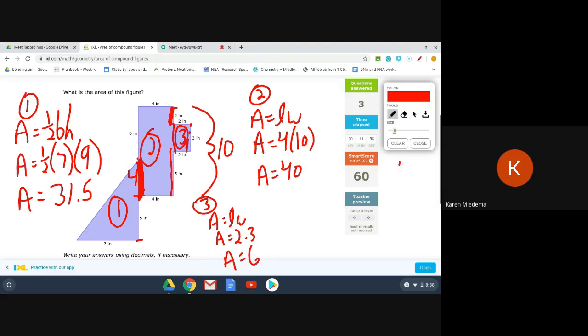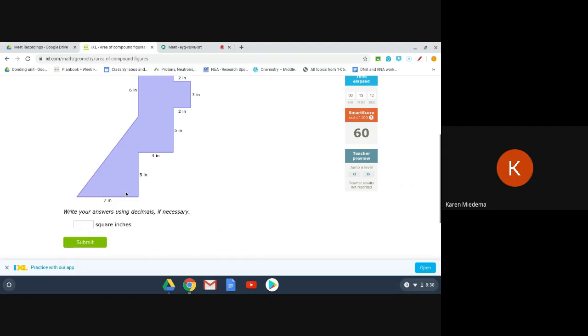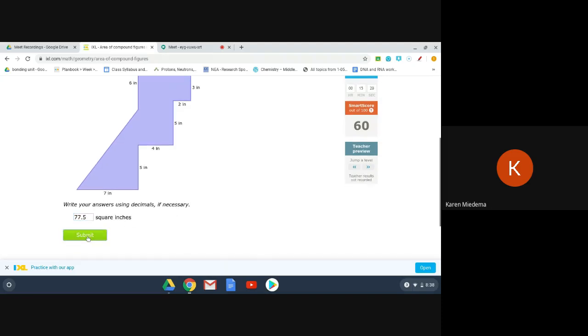Adding these all together, I have 40, 31.5, and 6, giving me a total of 77.5. Again, it wants our answers using decimals if necessary, so we need a decimal for this one.